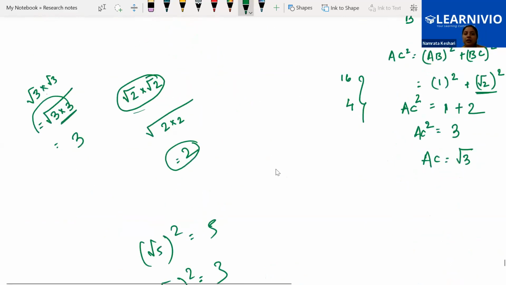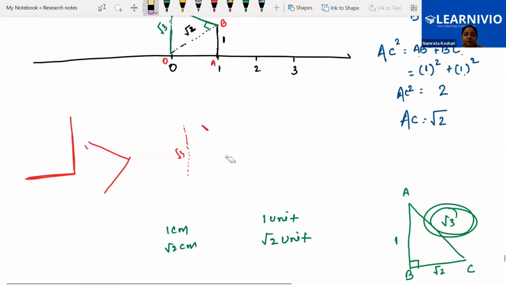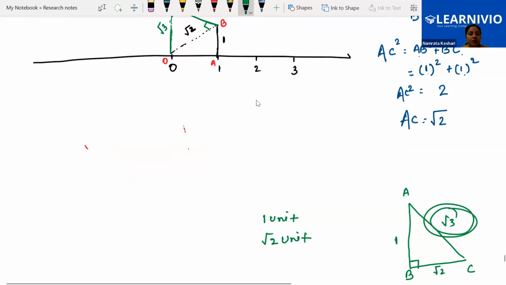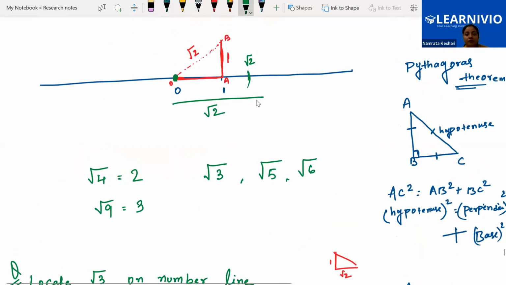Okay, either you can do it like this, or if you want a fresh diagram, then please do it like this. First, locate root 2 the way we have located root 2 over here.